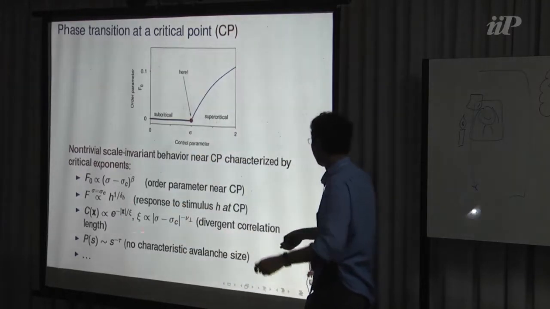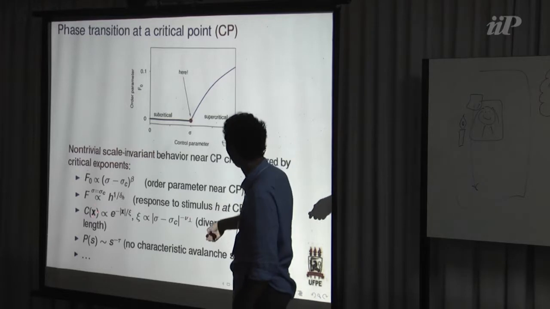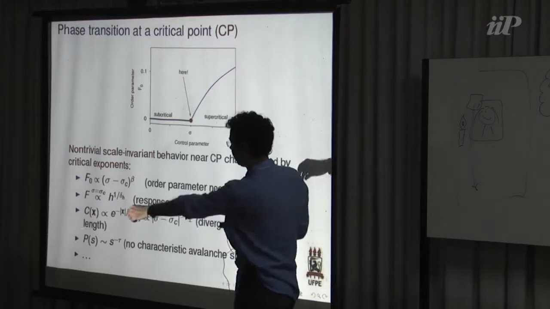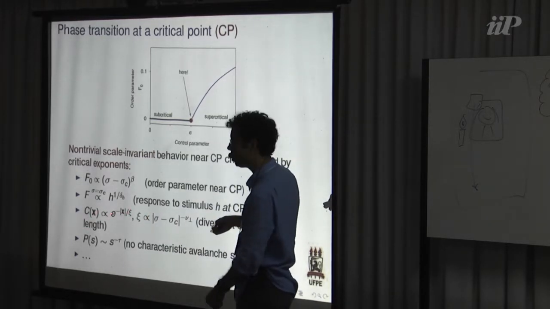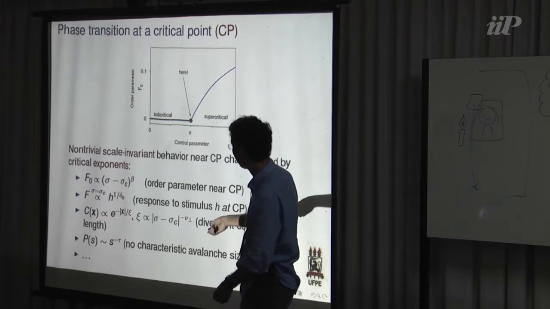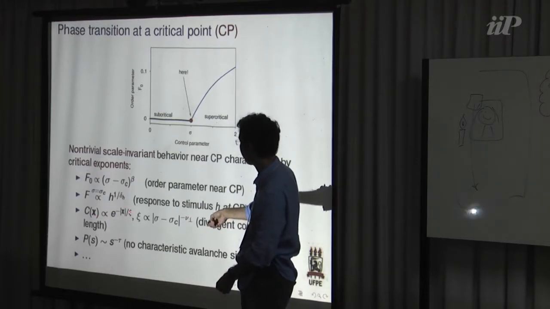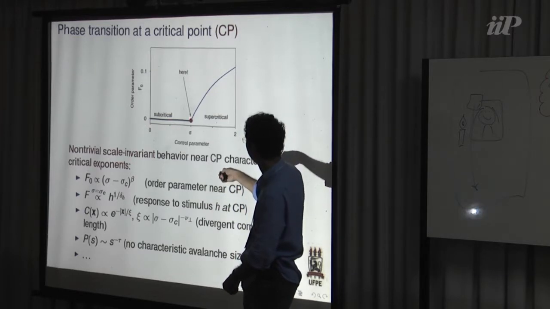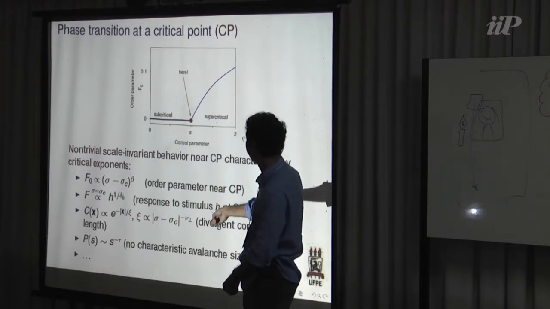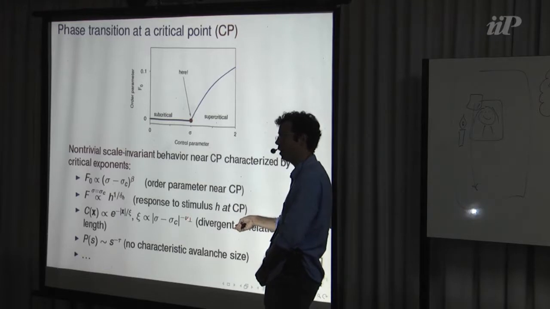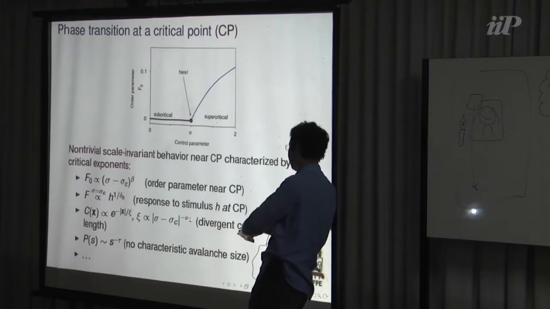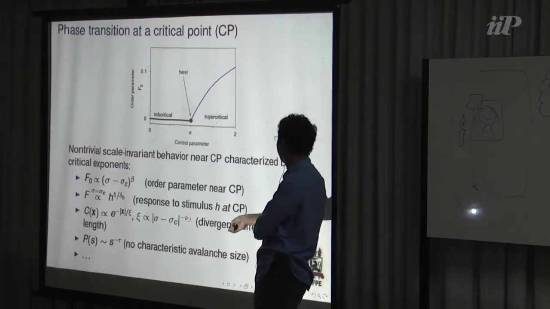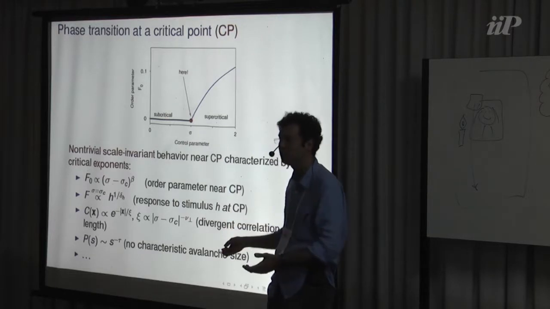John was mentioning the correlation length. Essentially what happens here is that correlation as a function of the distance x decays exponentially with x, with some correlation length psi. Now, psi as a function of the distance to this critical point diverges as you approach the critical point, and it diverges with another exponent, the exponent nu perpendicular, it's called in this literature.